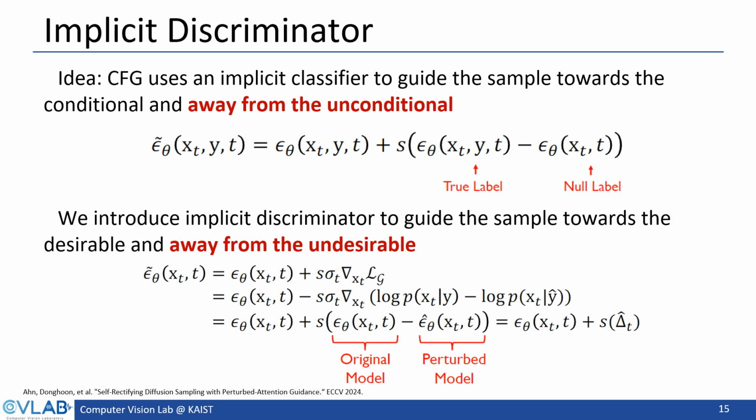We can define the generator loss for the implicit discriminator, and when we expand the formula, it results in an expression similar to CFG. The key idea is to deliberately generate worse samples and then guide the process to move away from them, steering the sampling trajectory towards better outcomes.